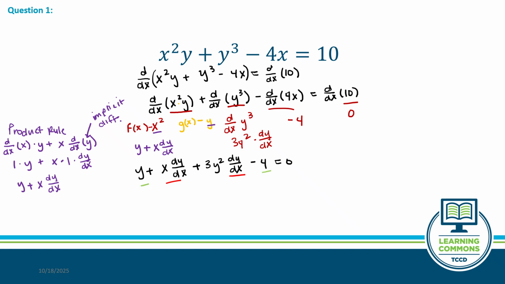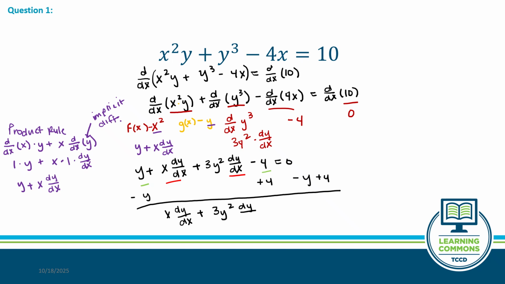So I'm just going to do opposite operations. Minus y on both sides, and then plus 4 on both sides. Now I have x dy dx plus 3y squared dy dx equals -y plus 4.